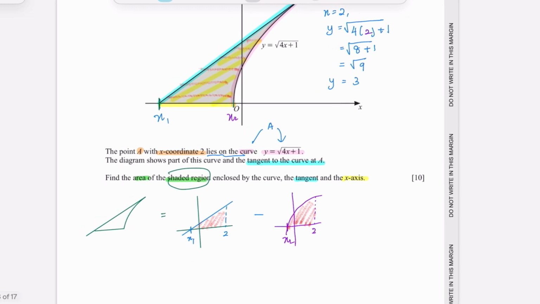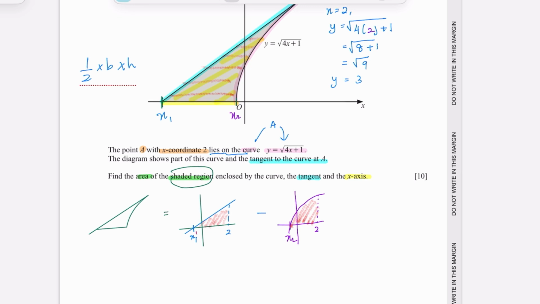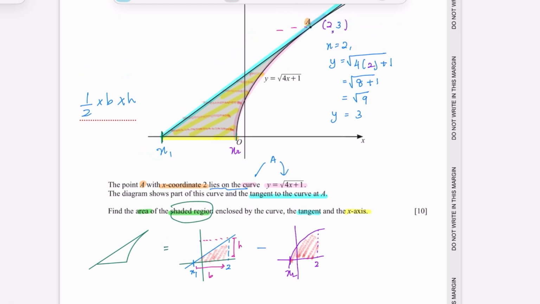So how do we do that? Area of the triangle is 1 over 2 times base times height. So this part right here would be the base, and this part right here would be the height. We know that the highest point here is 3. We already have the height, but we need to find this part right here.